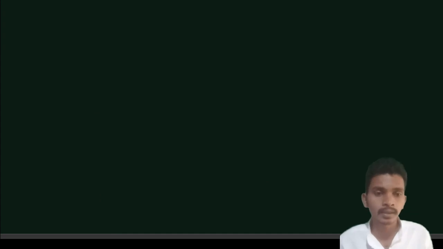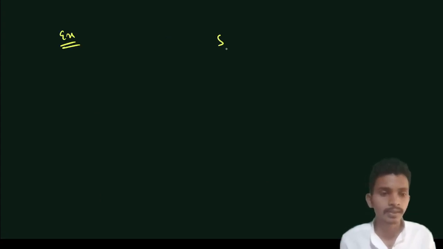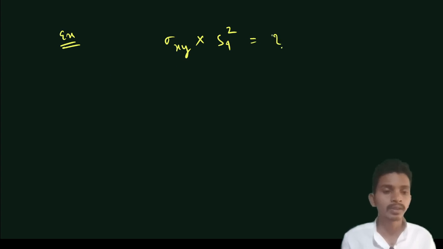So looking at another example, let's say S4 is there, and let's say this is the z axis, and we have sigma xy. Then what is this equal to? Okay, let's say we know this is equal to x, y, z.